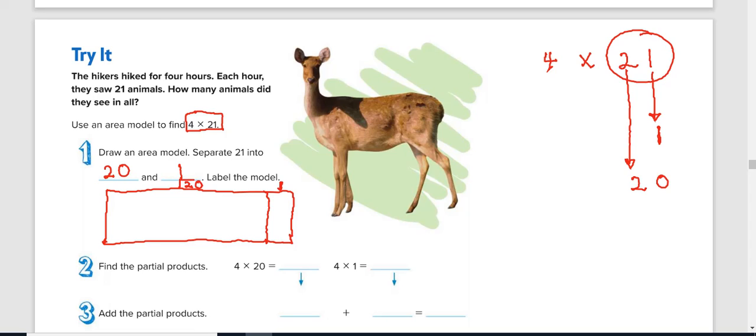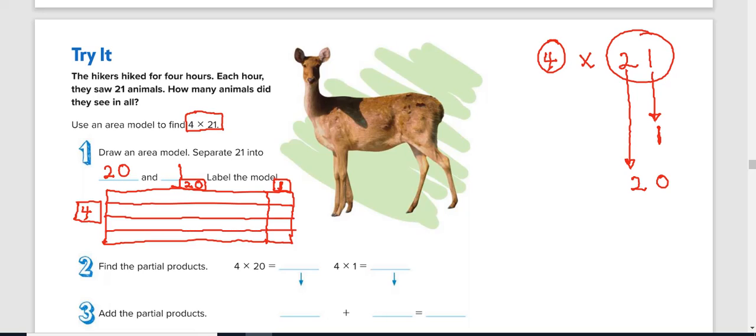So we have 20 and 1. So next, it is multiplying 4. So at this part, we can have 4. So that means we have something like 4 rows. So 1, 2, then we have 3 and 4 rows. So this is a sketch.